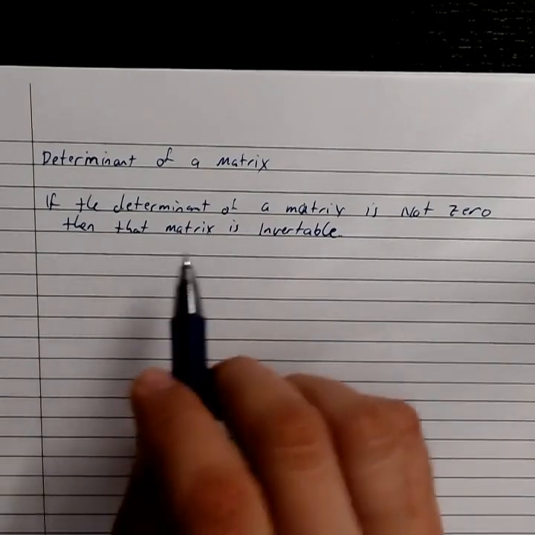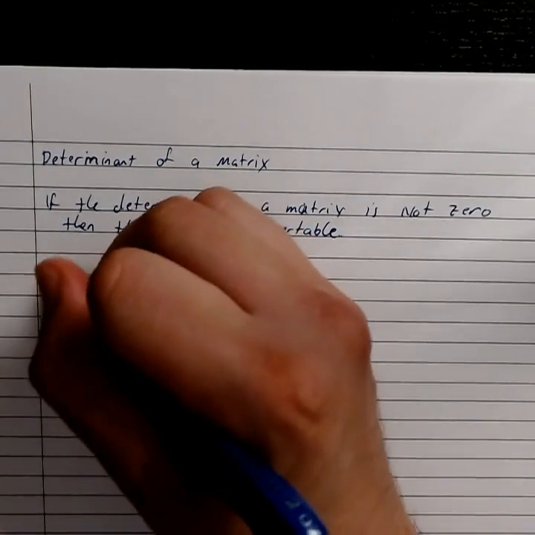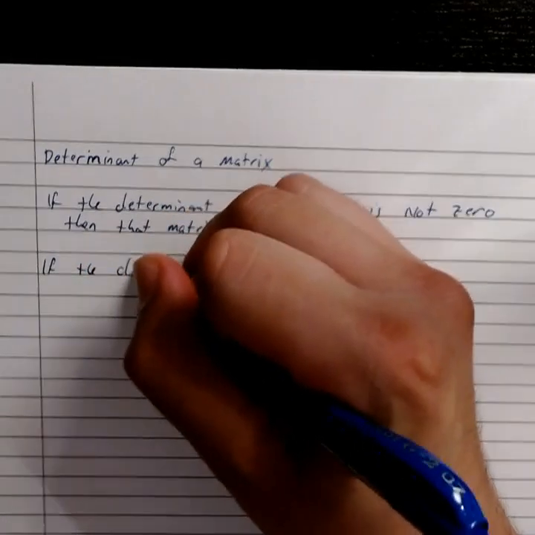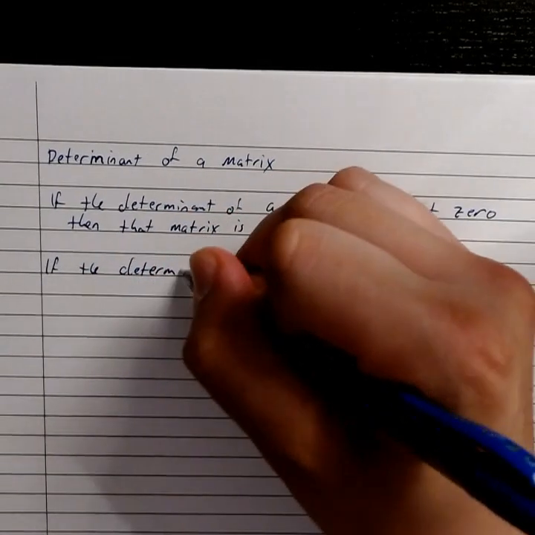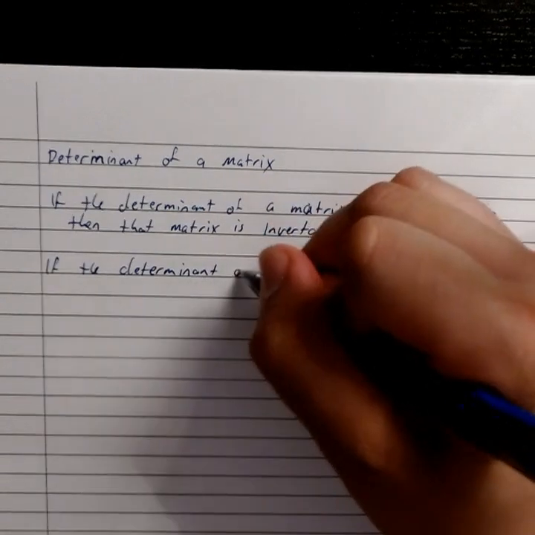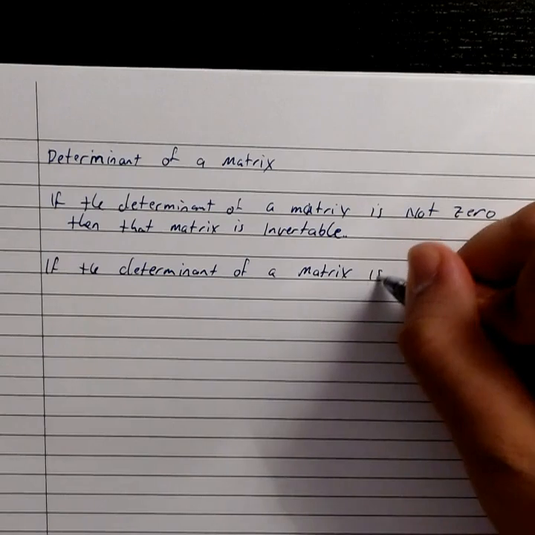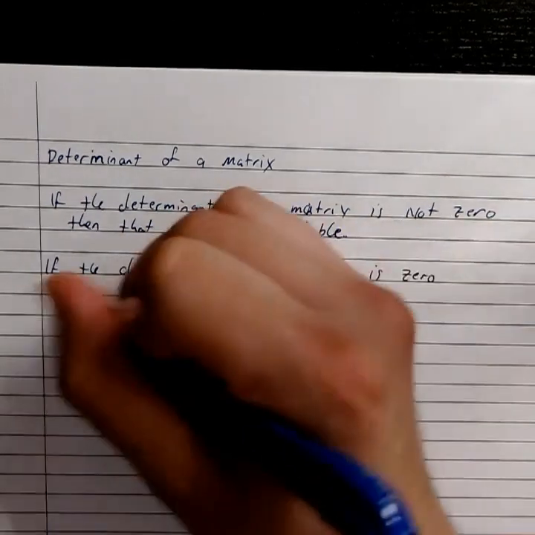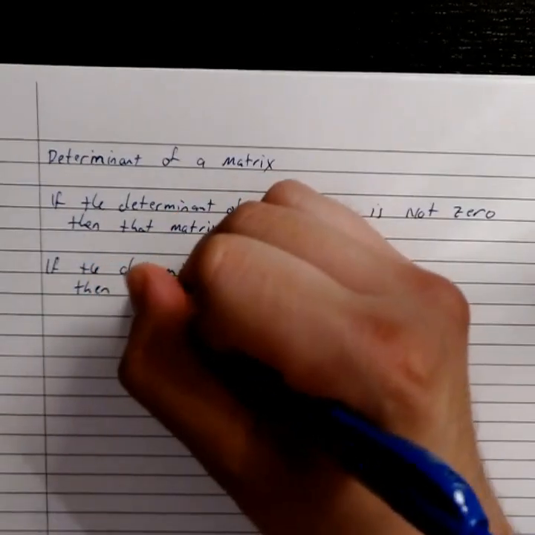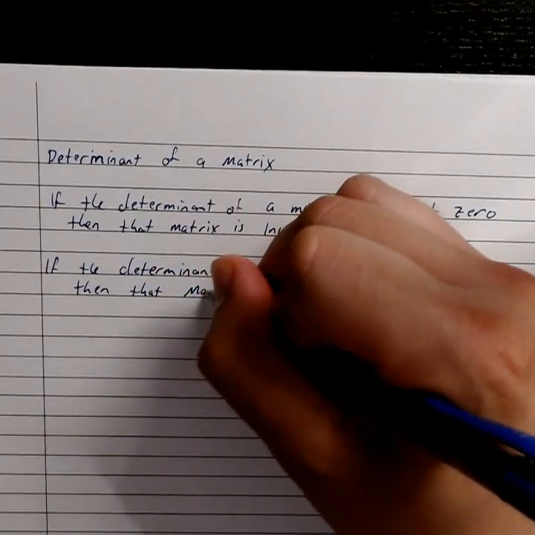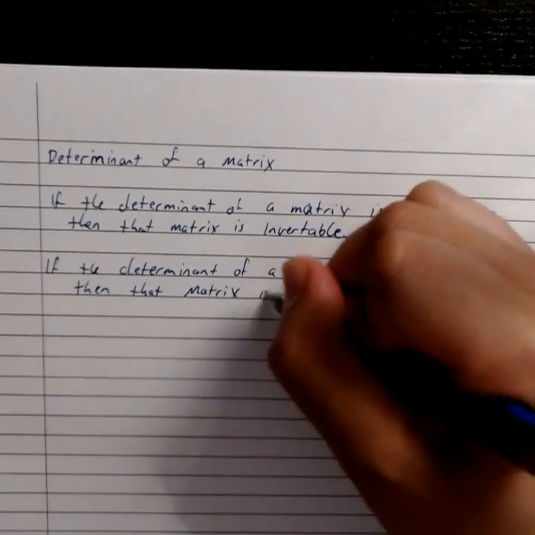Well, if it's not 0, then it's invertible. If the determinant is 0, then that matrix is not invertible.